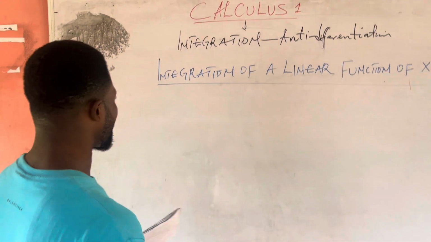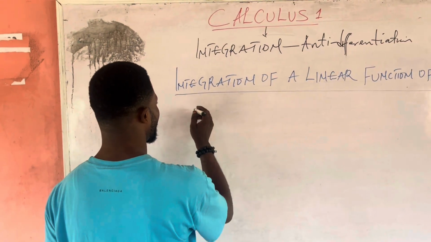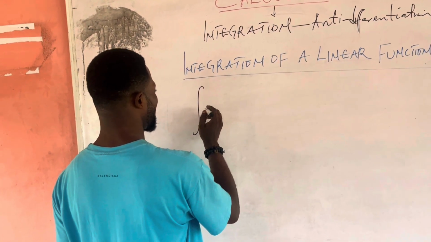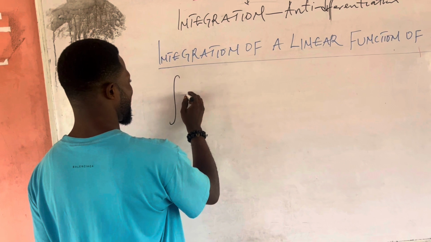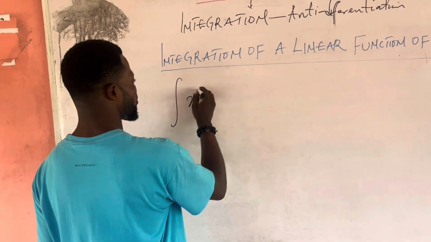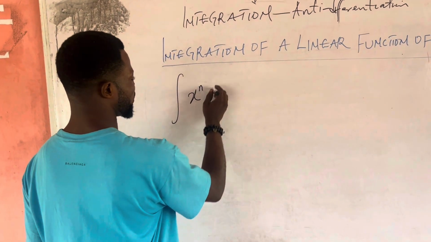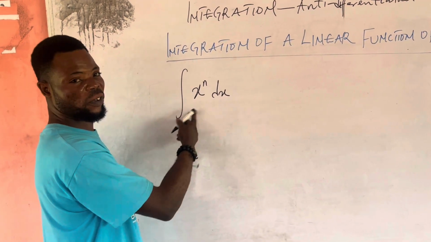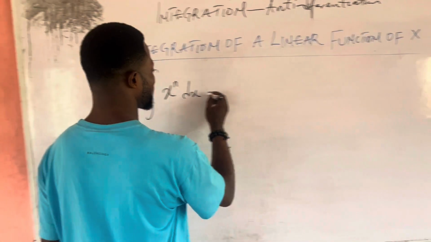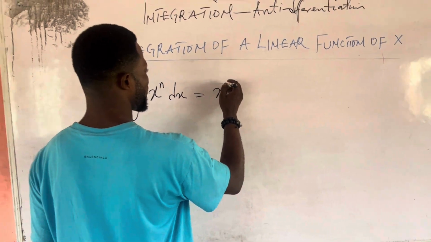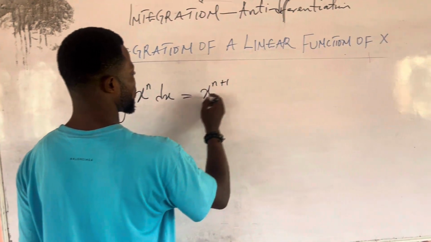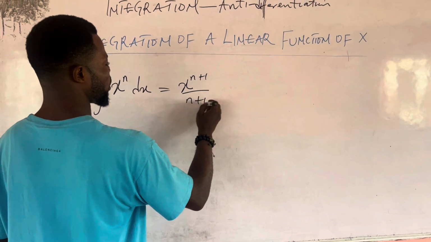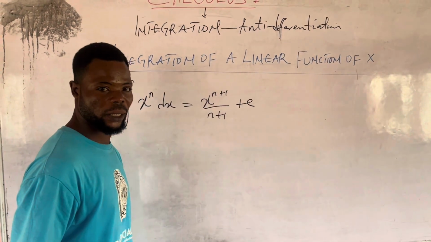So if you have the integral of x raised to the power of n with respect to x, we are going to have x raised to the power of n plus 1 all over n plus 1 plus c, right?